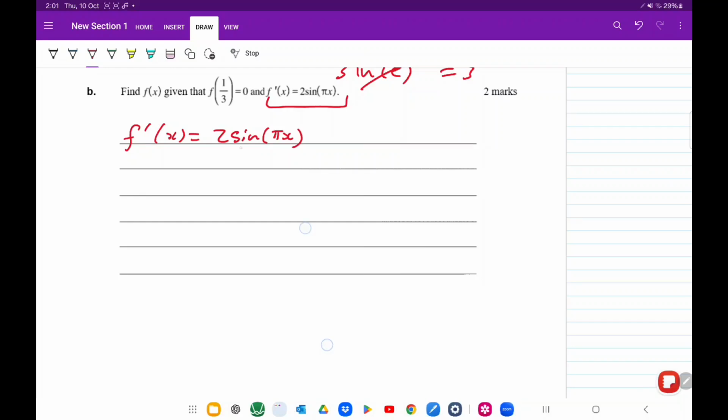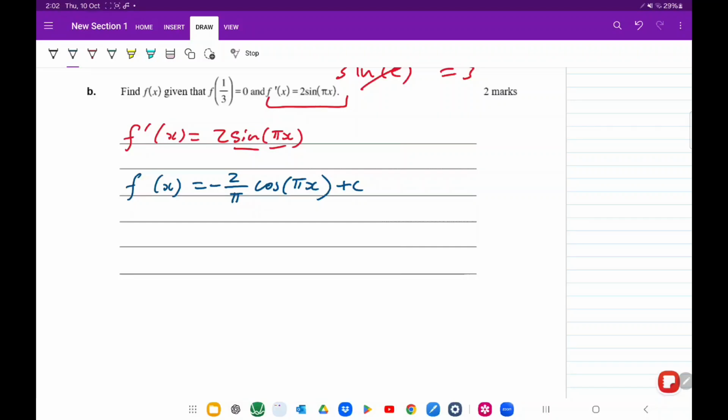At this point, the antiderivative of sine is negative cos, and whatever's on the inside, it's going to be 1 over that. So f of x is equal to negative 2 over pi cos pi x, there's a negative at the front because it's negative cos. And don't forget the plus c.